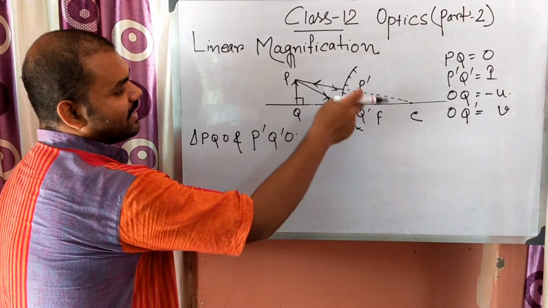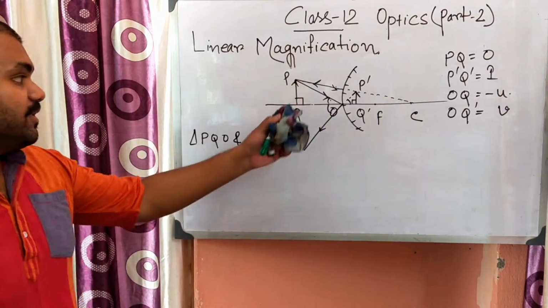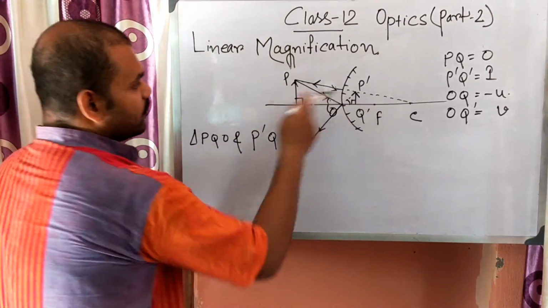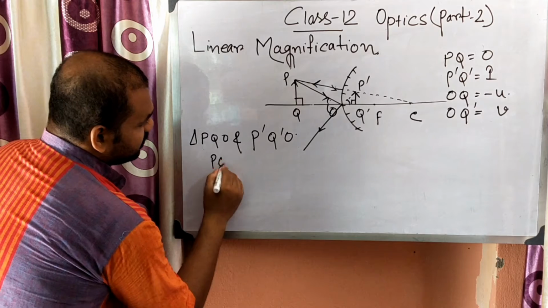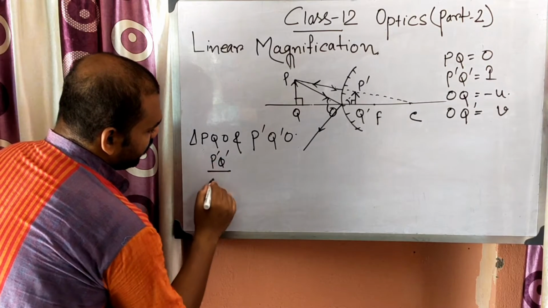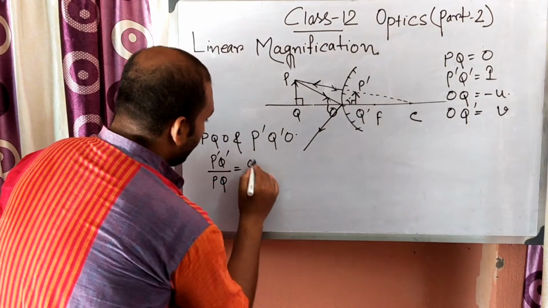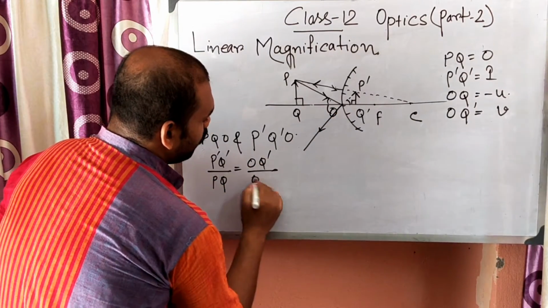As three angles are the same in both, these are similar triangles. So we can write P prime Q prime by PQ is equal to OQ prime by OQ.